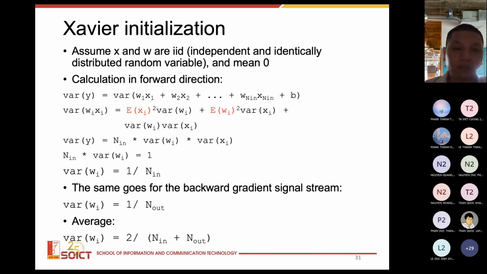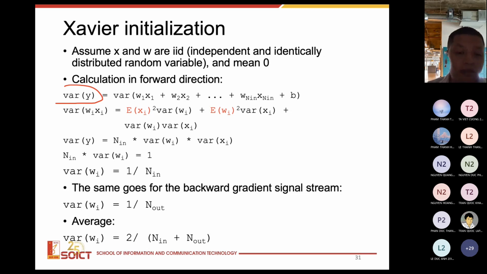Assume that X and W are independent and identically distributed random numbers, and the means are 0. This is the calculation in the forward direction. The variance of y equals the variance of W1 x1 plus up to Wn xn plus bias, right?